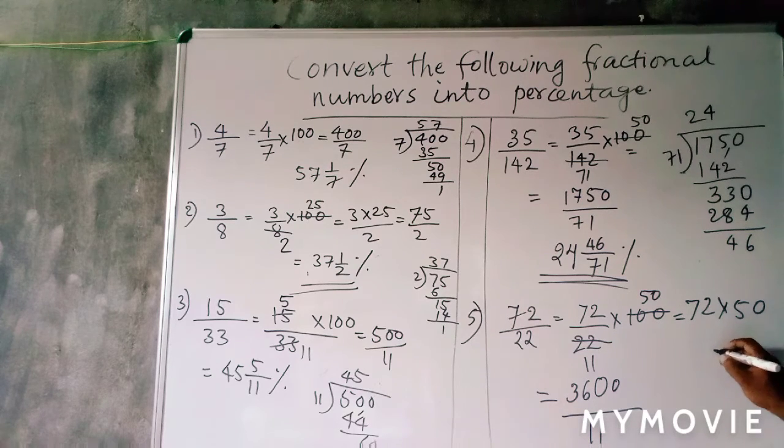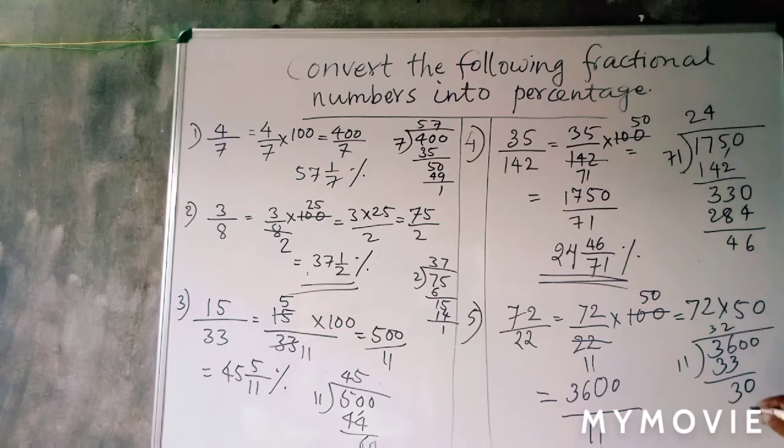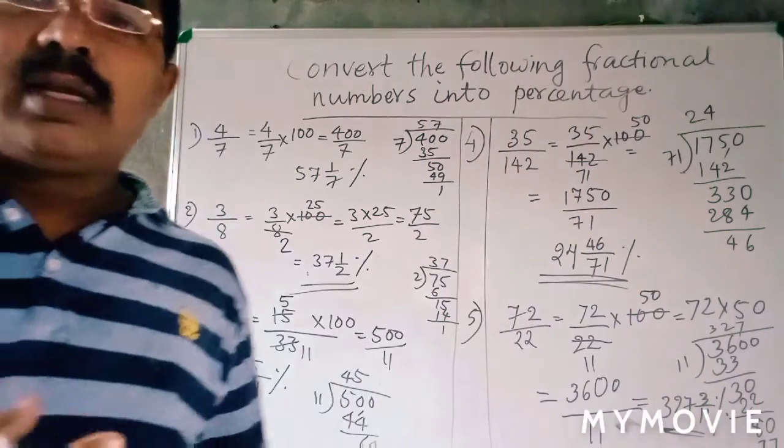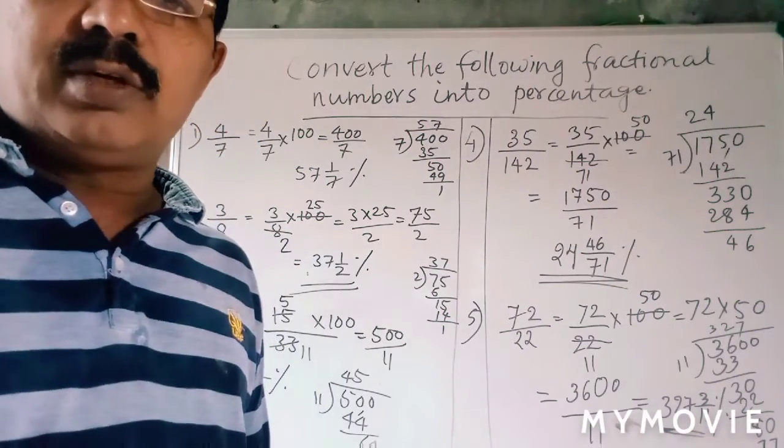Now here we divide this number with 11. 3 times 33, 3 left, 30. 2 times 22, again 8, 80. 7 times 77. Remainder is 3. So we can write this is equal to 327 3 by 11%.